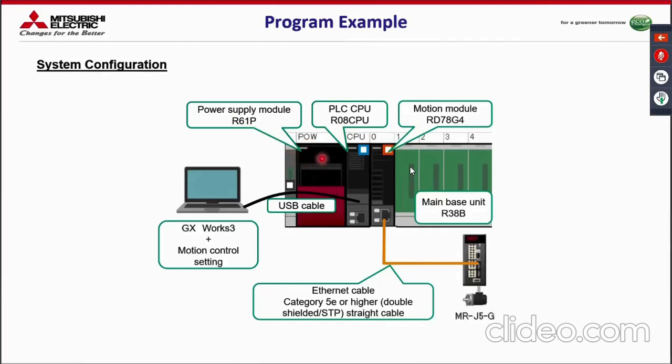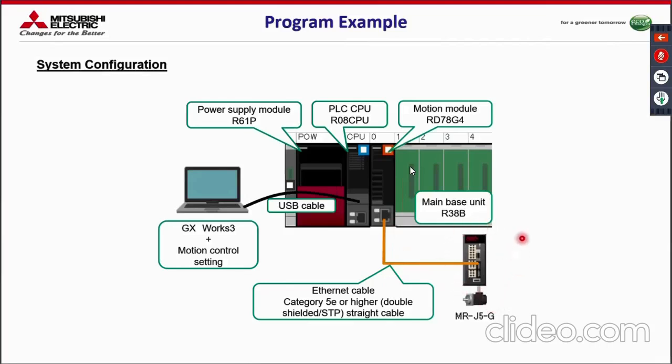On the base rack, the first slot is always dedicated to the power supply, then the CPU module, and from the next slot we can put any input, output, or other intelligent module. Right now we are putting the motion model RD78G4 here, and with the help of that model we can connect the servo amplifiers through Ethernet. That is the CC-Link IE TSN network. On the other side, whatever MR-J5 or MR-J5-G is there.